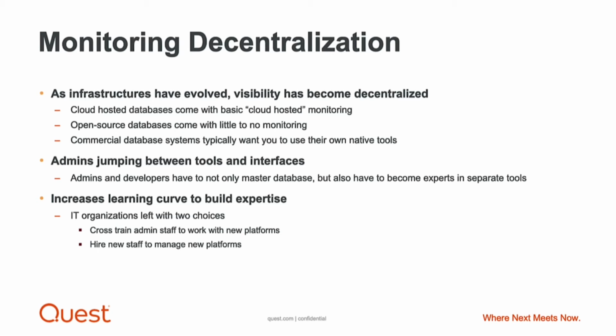Customers might still have preferences on where they decide to run some of their databases, but it's rare that you walk into a shop where they even go as far as to say that we've standardized on any one particular platform, right? We've seen customers start to leverage open source technologies where they make sense, right? Platforms like MySQL, MariaDB, PostgreSQL.